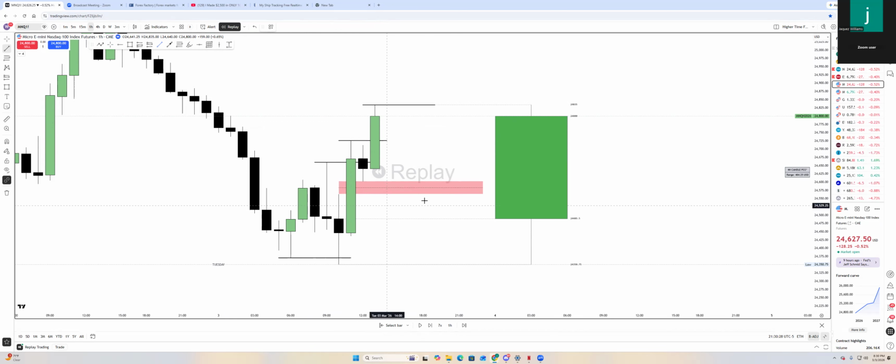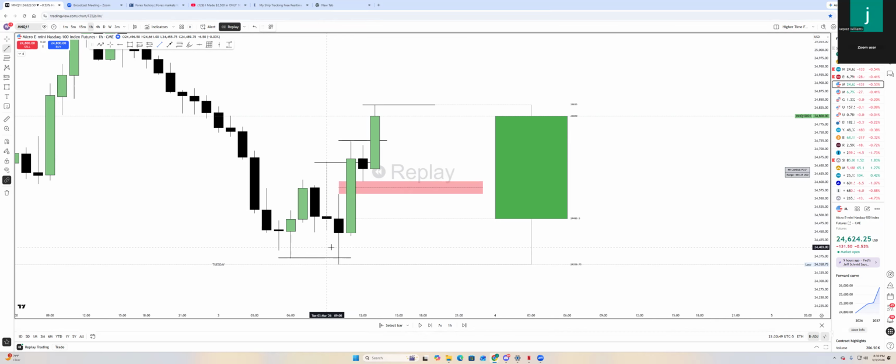Is the low still the same, or is it going to change to that black candle low? You're saying from this low? Yes. Currently, this is the lowest point that the market has been, so this is the most relevant low.